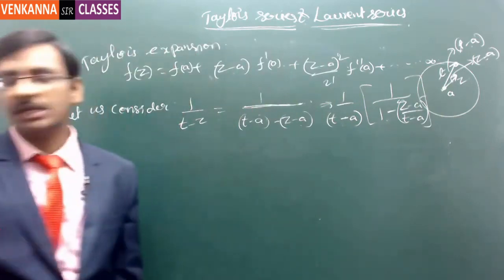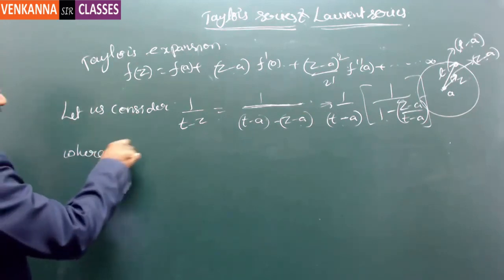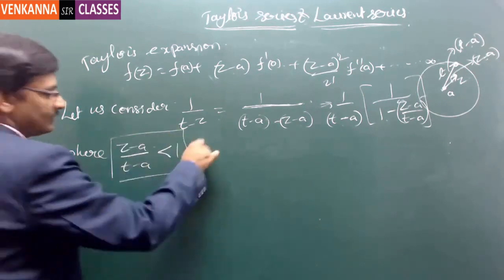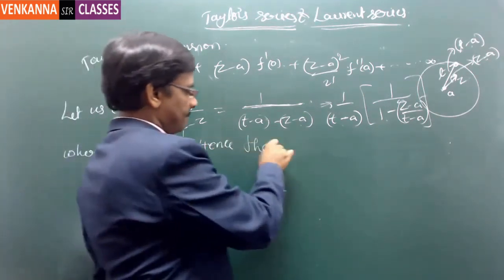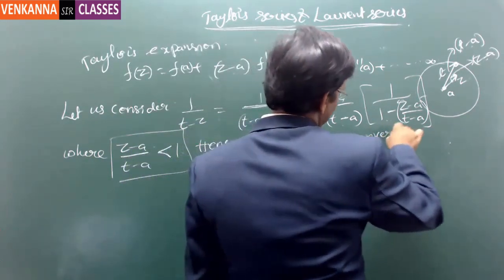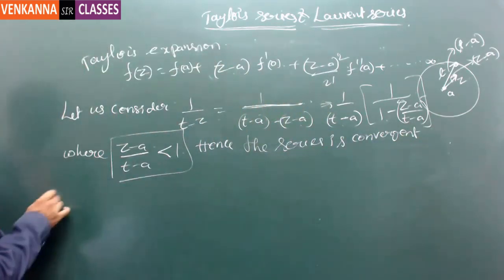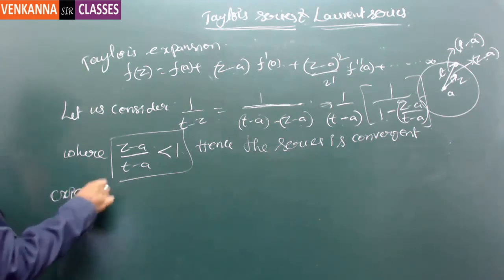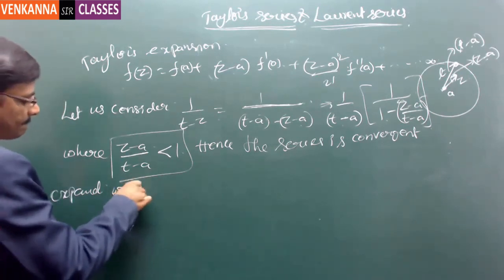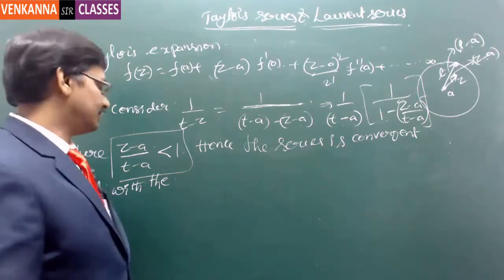Got it? Z minus a by t minus a, where the modulus of z minus a divided by t minus a is less than 1. Hence the series is convergent. Now, in this series, if you expand with the help of binomial expansion, because binomial expansion is also a part of Taylor's expansion, all the series, whatever you can think of, the expansions are always a Taylor series.